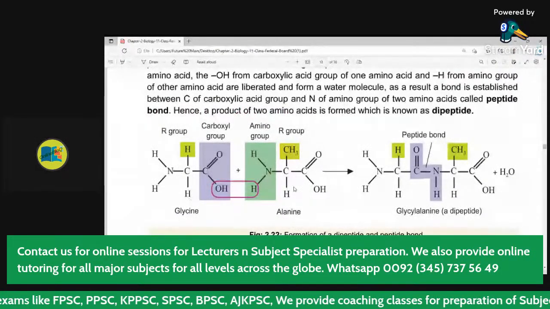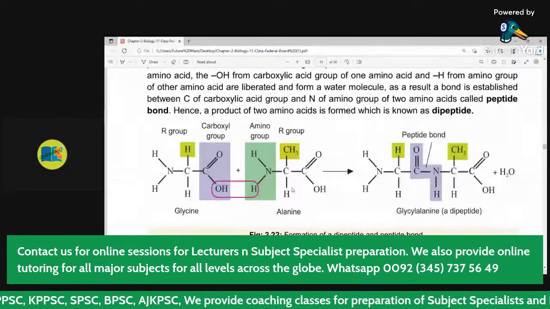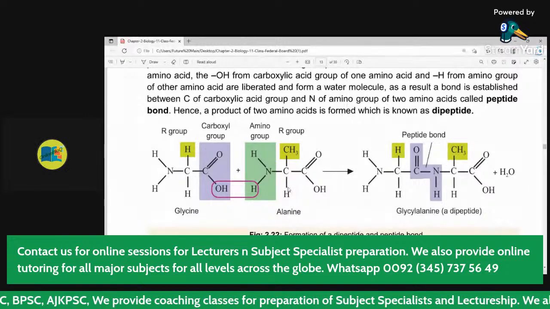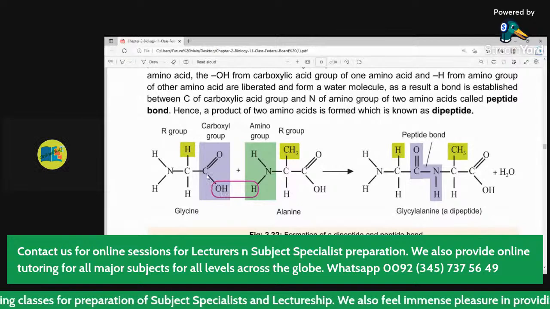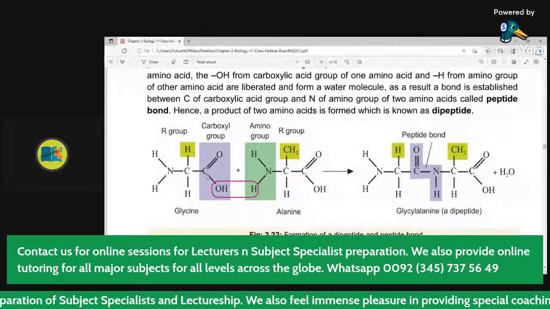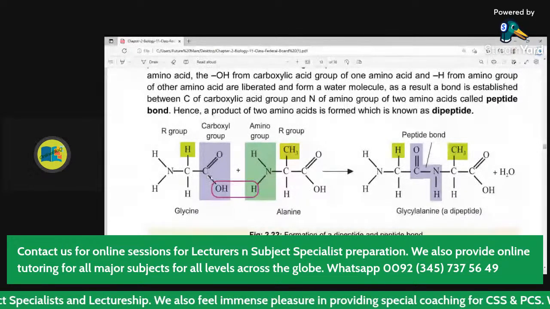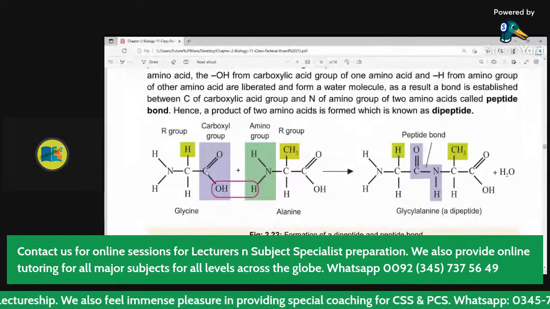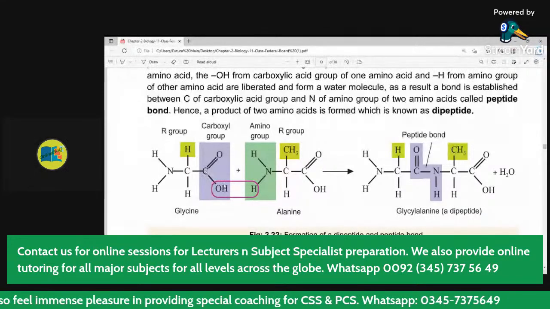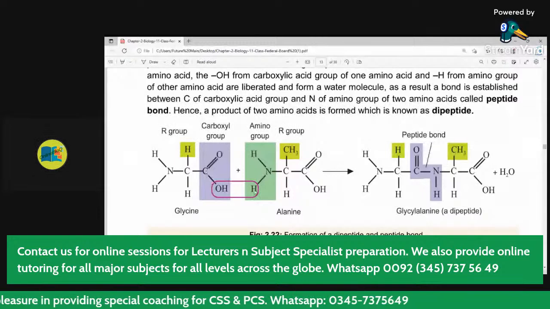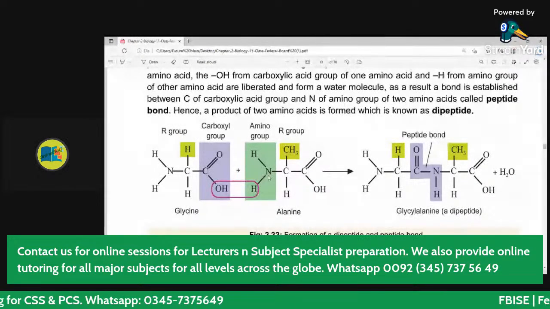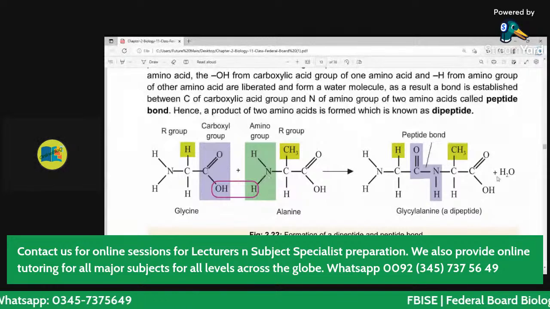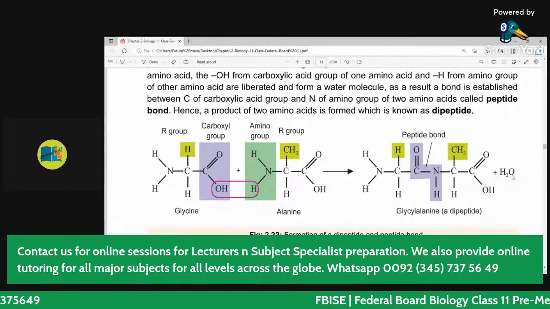When they react, a condensation reaction takes place, and the hydroxyl from the carboxylic group and hydrogen atom from the amino group combine and release a water molecule.